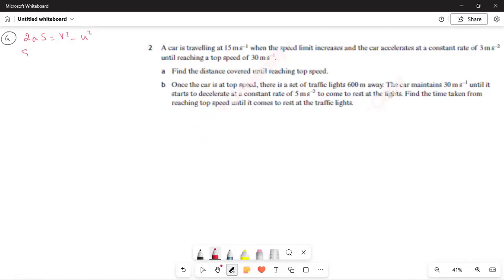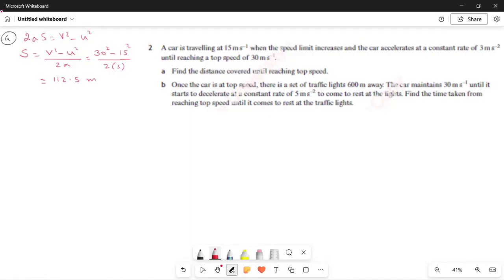So from here, s is equal to v squared minus u squared over 2a. v was the final speed, that was 30 meters per second, so 30 squared minus the initial speed 15 squared, divided by 2 times the acceleration of 3 meters per second squared. This is calculated as 112.5 meters.